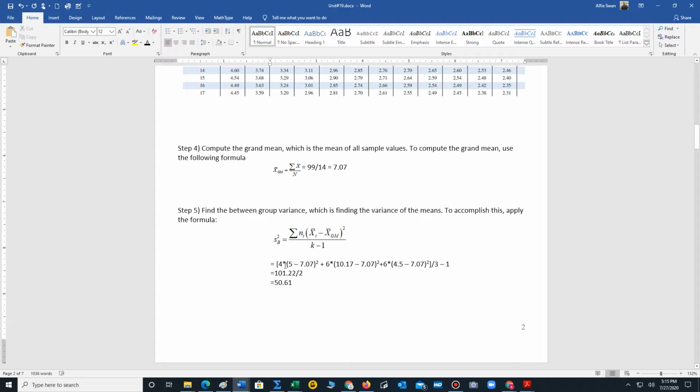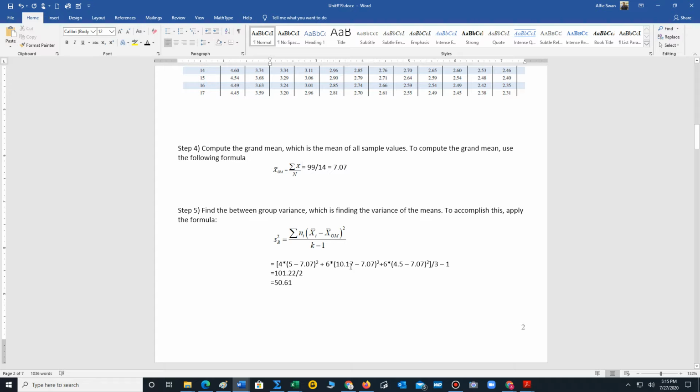So remember, for the first data set, sample size was 4, mean was 5, subtracted from the grand mean squared. Then we add the product of the second data set.